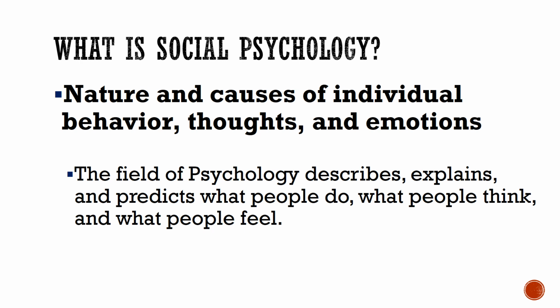Why are people physically attracted to particular physical characteristics of others? What causes people to feel angry? These and other questions are what psychology tries to answer, and the answers they give are based on empirical observations of what people do, what they think, and what they feel.